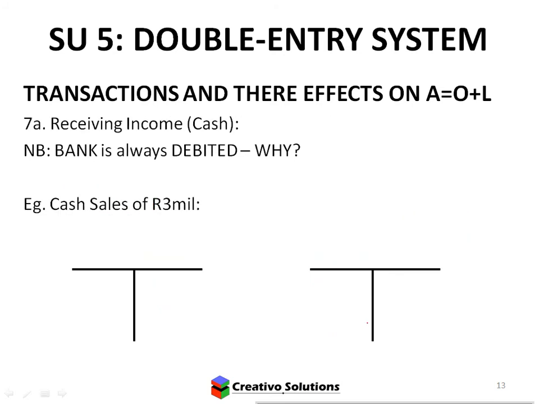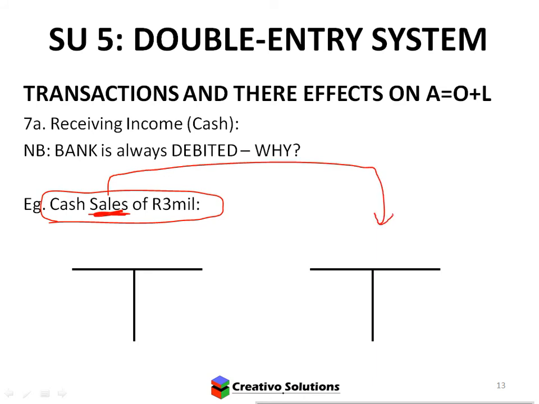Here's your income one. Receiving income. The rule says if you receive income and it's in the form of cash, bank is always going to go up. Here's the transaction: cash sales of 3 million. This stands out: sales. What definition does sales meet?